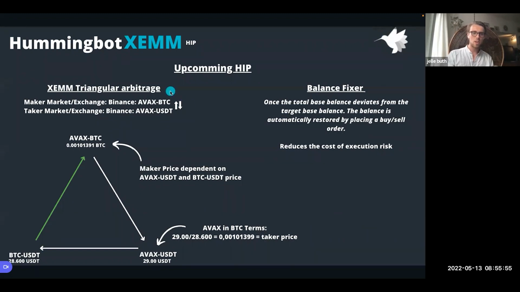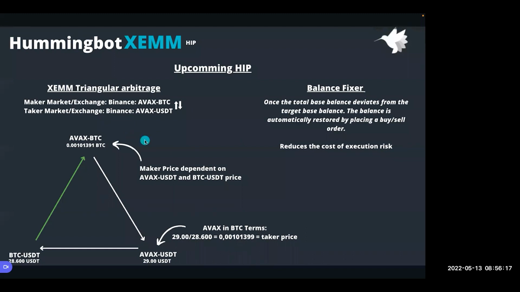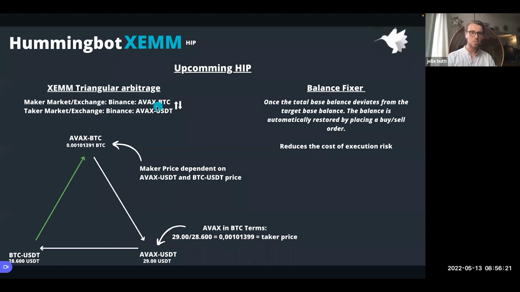And another big one is cross-exchange market making in a triangular arbitrage way. Like I talked about before, you could run your strategy in which you have a BTC or ETH denominated pair as your taker or maker exchange, but then use a USDT denominated pair as your maker or taker exchange. An example: let's say my maker exchange is Binance AFEX BTC, and my taker exchange is Binance AFEX USDT.